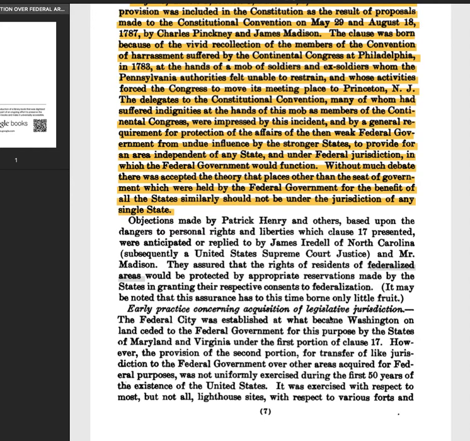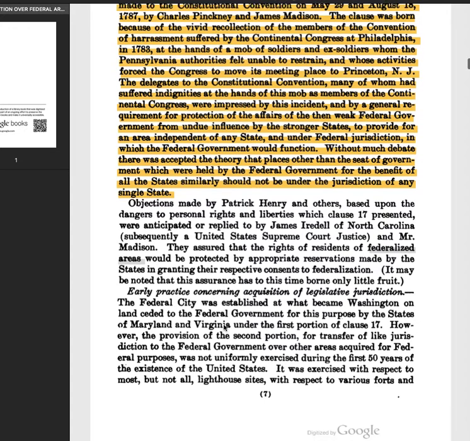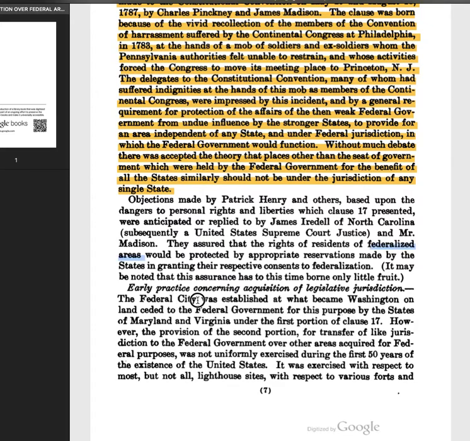Early practice concerning acquisition of legislative jurisdiction. The federal city, okay, was established at what became Washington on land ceded to the federal government for this purpose by the states of Maryland and Virginia under the first portion of Clause 17. However, the provision of the second portion for transfer of like jurisdiction to the federal government over the areas acquired for federal purposes was not uniformly exercised during the first 50 years of the existence of the United States.